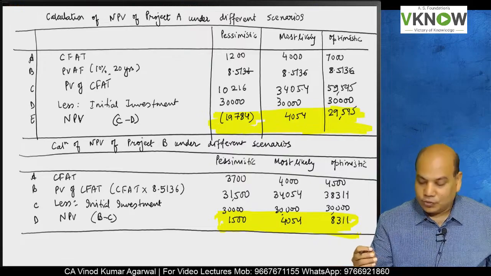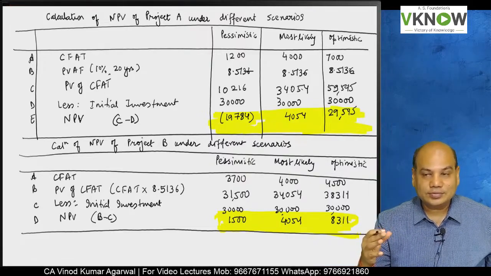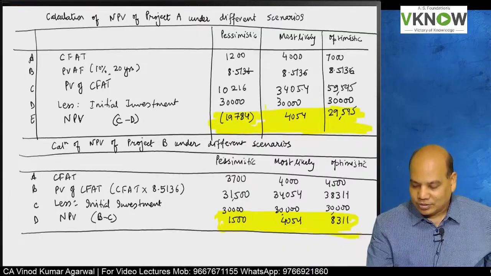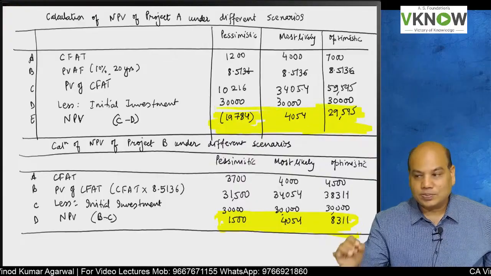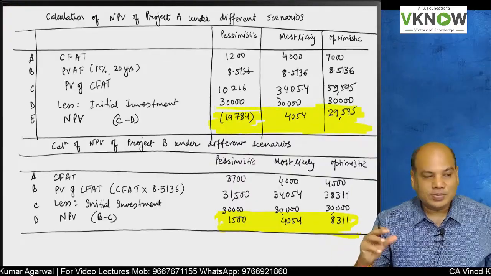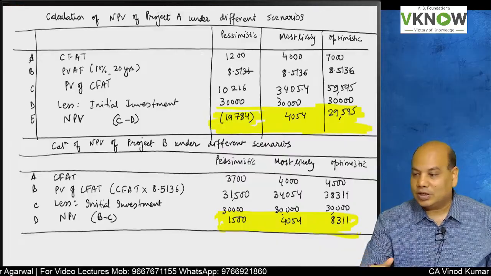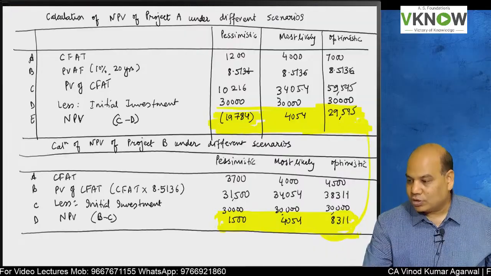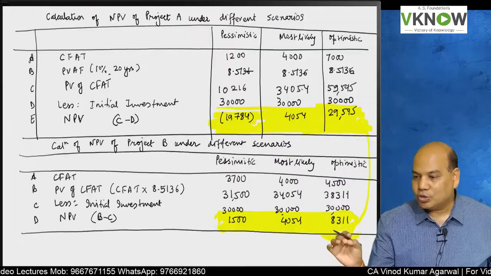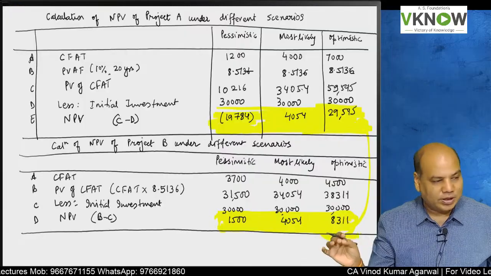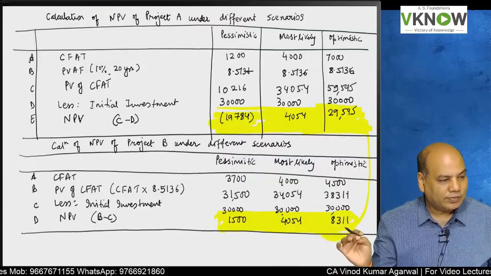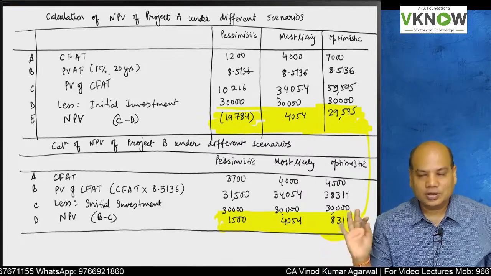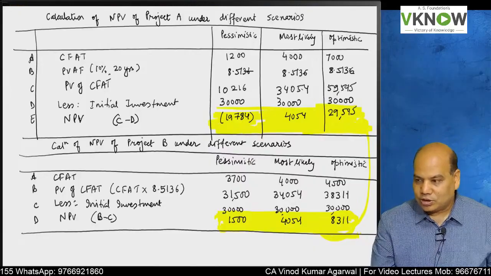But if you are a risk taker who wants to maximize his return, you will go with project A, because in project A, in optimistic scenario, the return can be very high, which is almost 3 to 4 times of what you will get in project B. Is it right? So the answer of this question is, it depends on the risk perception of the investors. So I will give you the answer. Write down.